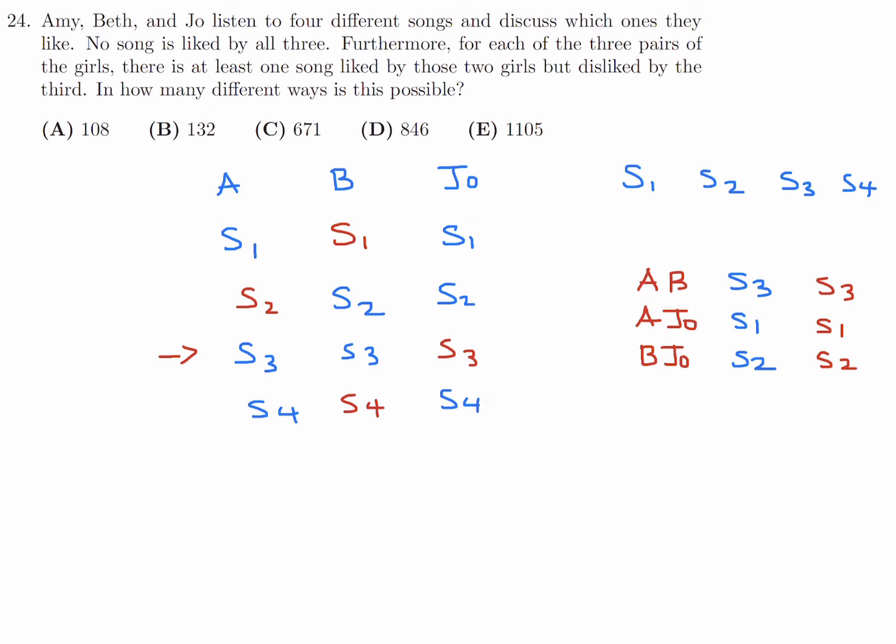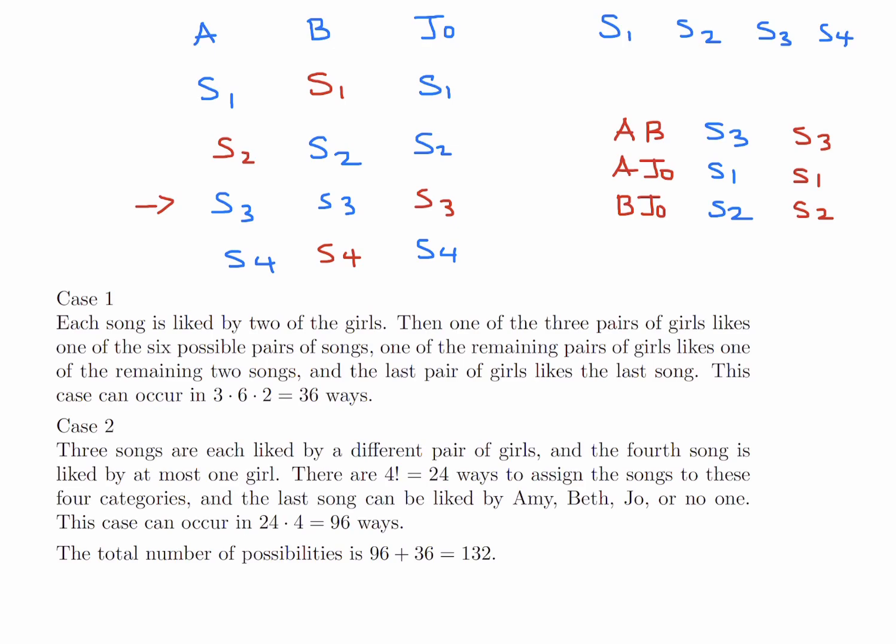They're saying how many different ways are possible? All right, well, that's going to be a little bit more complicated than just one scenario. So here is the explanation. Each song is liked by 2 of the girls, correct? Then one of the 3 pairs of girls likes one of the 6 possible pairs of songs.